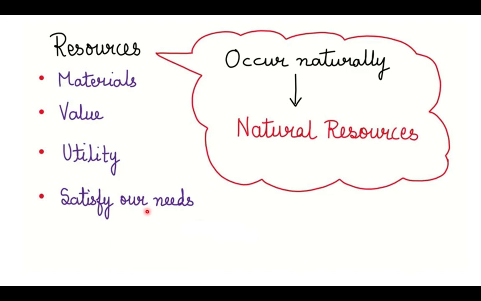Or if you take coal, it occurs naturally and using that coal we are getting current. Thermal power plants use this coal and provide us electricity supply. We are utilizing the electricity, which satisfies all our needs. So in that way, naturally occurring resources satisfy all our needs.